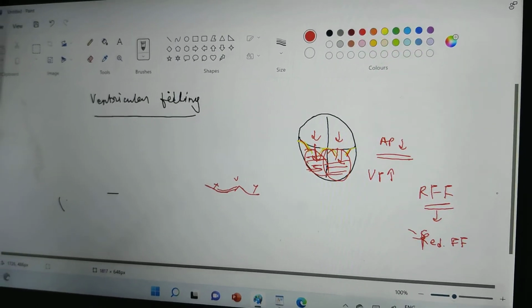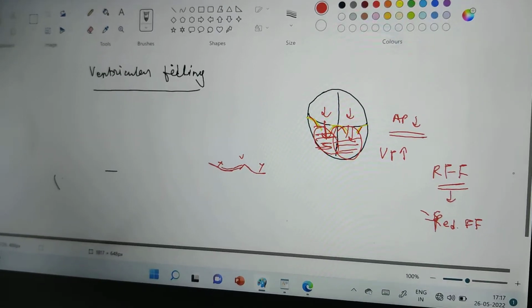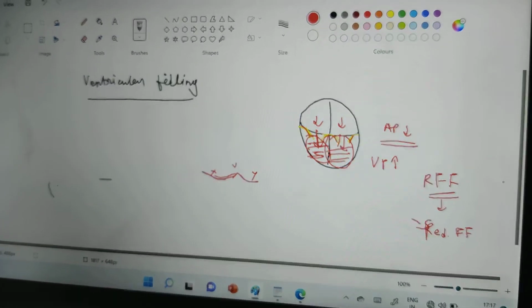Rapid flow of the blood from the atria into the ventricle causes the third heart sound.